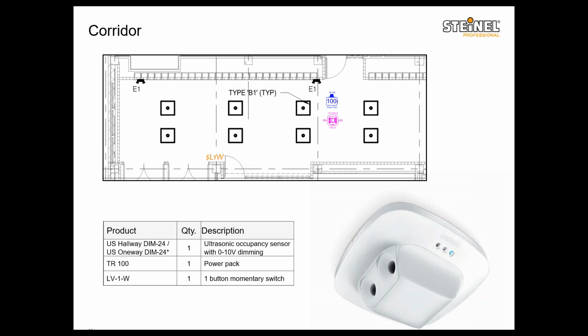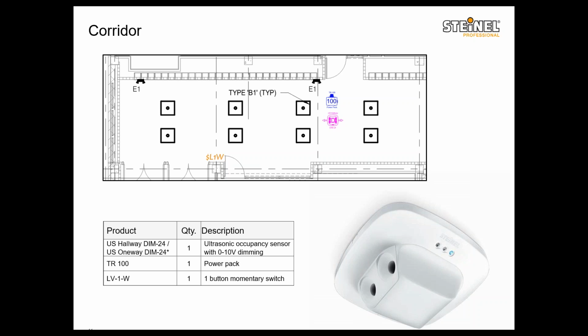Whereas with the dim version, after the main timer expires, you can set the sensor to keep the lights on at a lower dim level indefinitely, or keep them on for another number of minutes at the lower dim level.